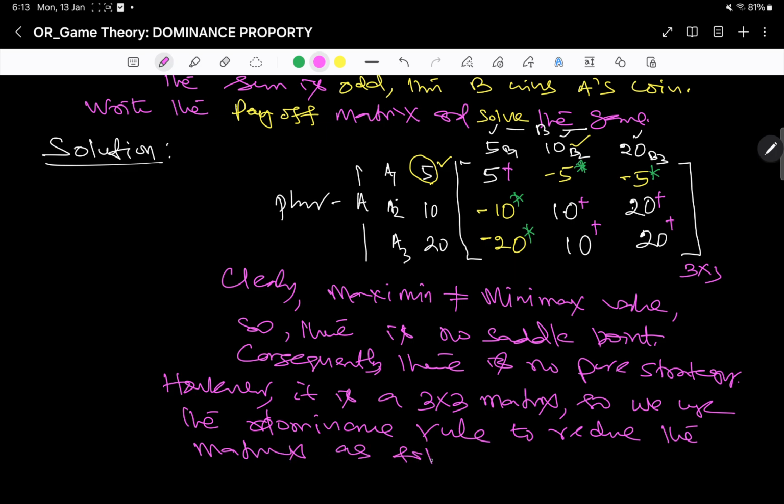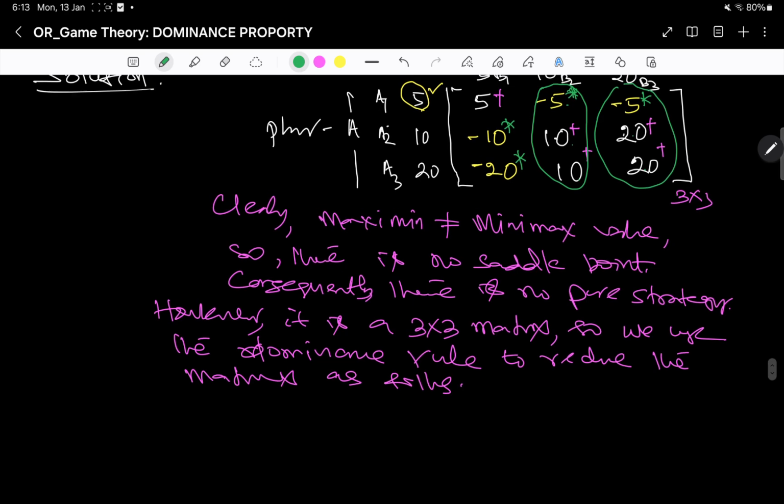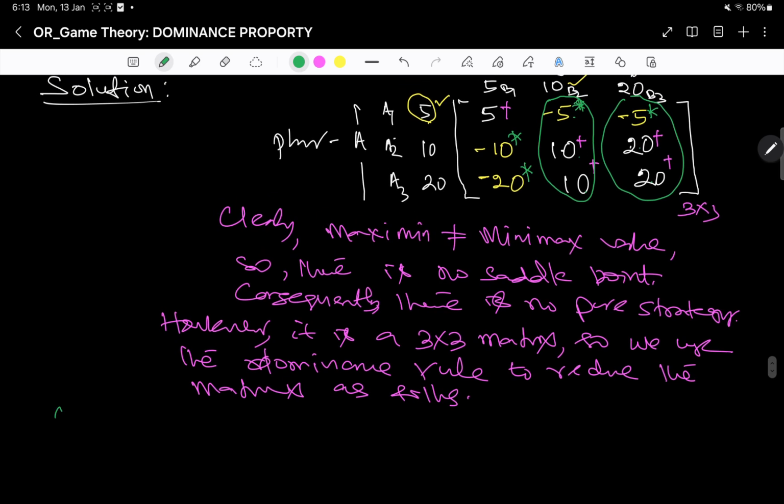Now you see here, if you compare C2 and C3, comparing column 2 and column 3: minus 5, minus 5, 10 is less than 20. Elements in column 2 are smaller than or equal to elements in column 3 in respective positions.